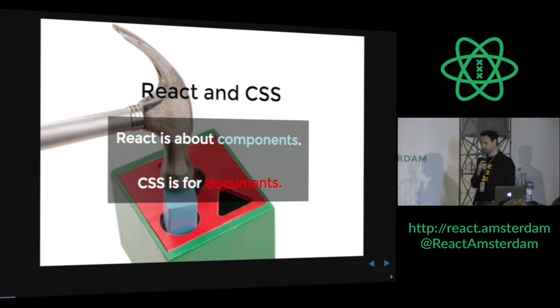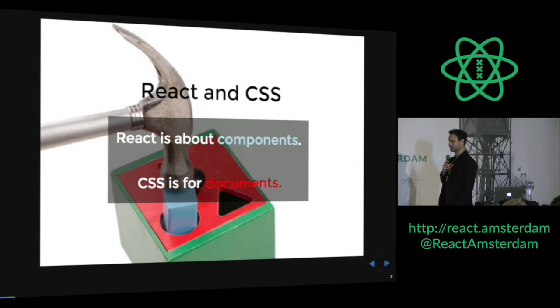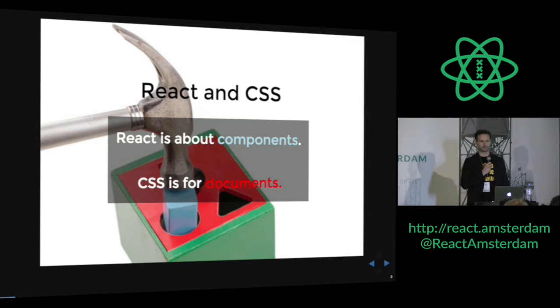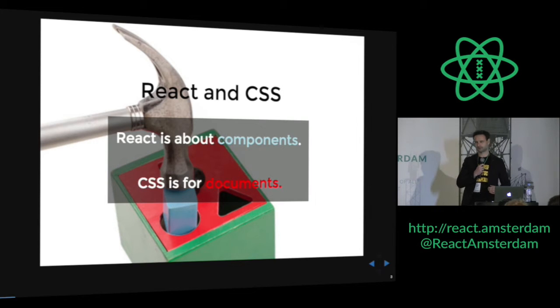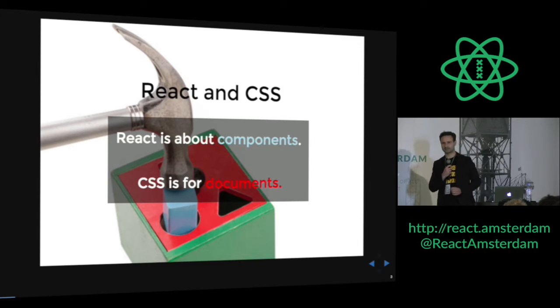So why am I talking about CSS at the React conference actually? The problem is that React has this good part in it, and this is the component-based model. We create components, and we build our application out of them. But inside of these components, most of the time we use regular CSS, which has been designed for documents, not for components.